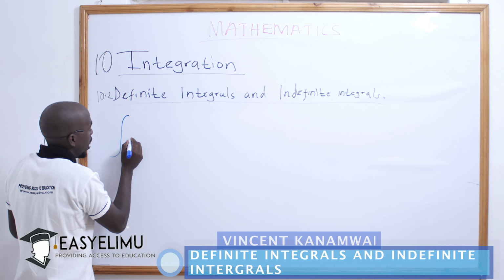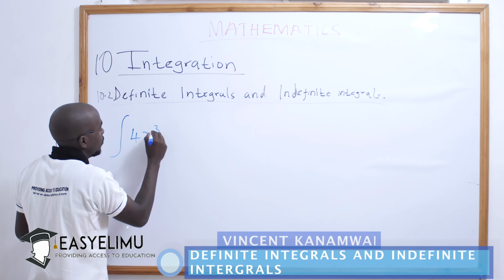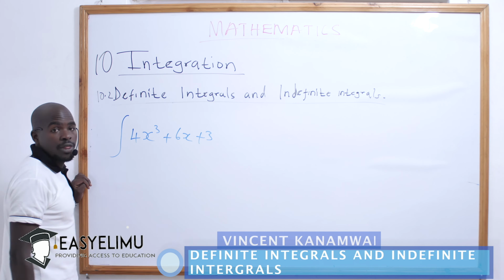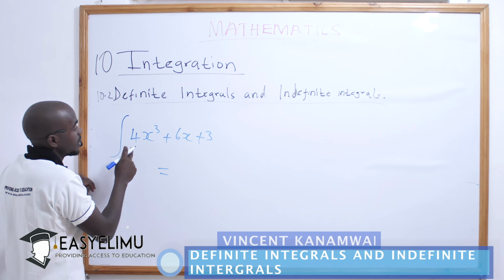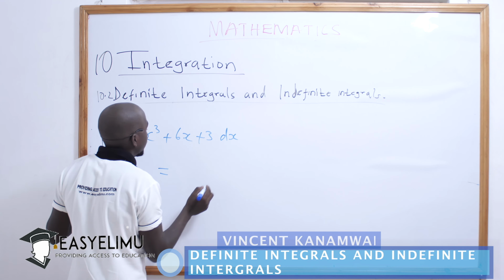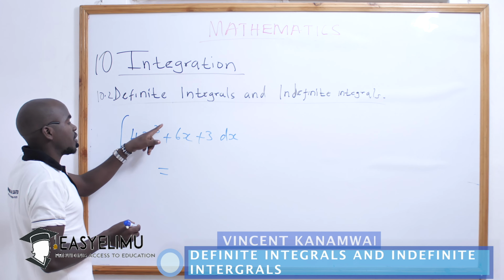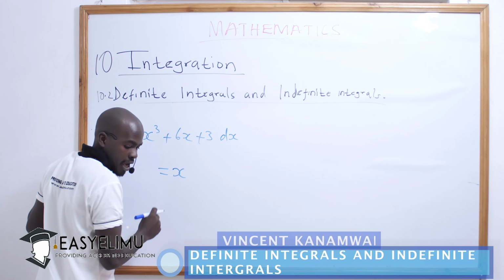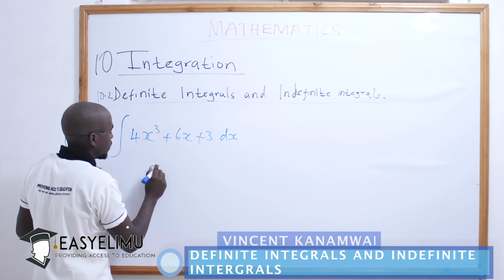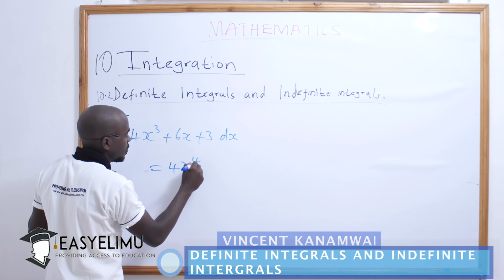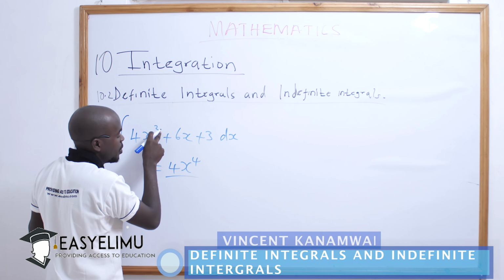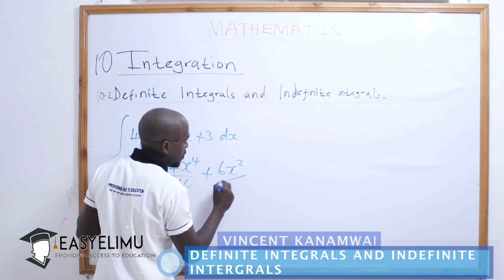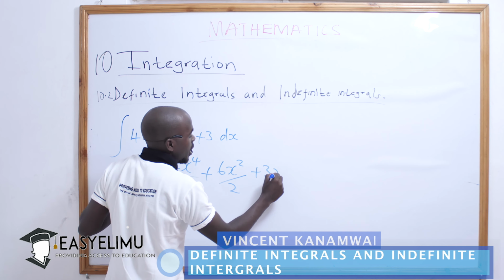For instance, find the integral of 4x cubed plus 6x plus 3. For this one, we integrate with respect to dx, and 4x cubed is going to give us 4x raised to 4, because it is 3 plus 1, and then you divide by 4, plus 6x squared over 2 plus 3x.